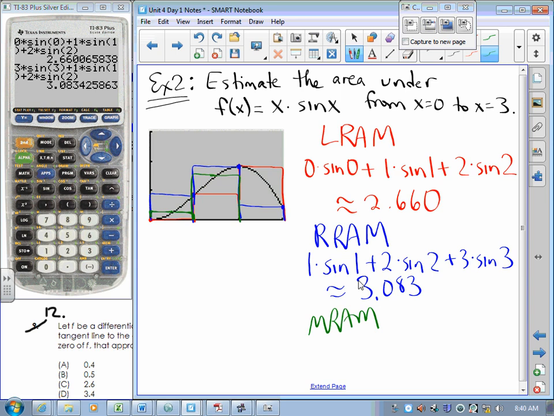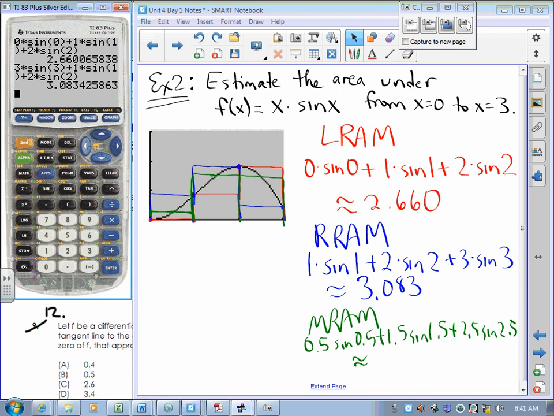And between 2 and 3, I'm going to use the height at 2.5, because that kind of splits the difference. That's a little bit tougher to sub in. We're going to ask for 0.5 sine of 0.5 plus 1.5 sine of 1.5 plus 2.5 sine of 2.5, and that's going to be approximately 3.232.